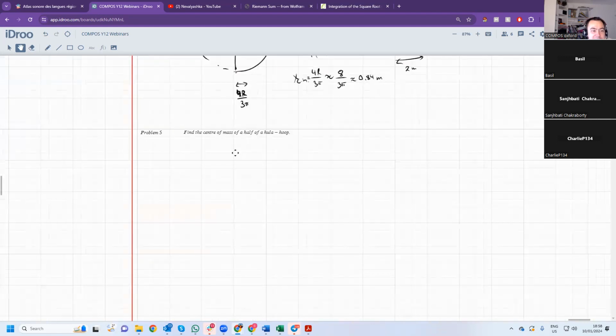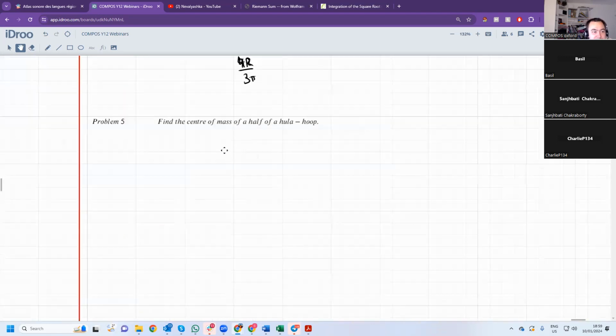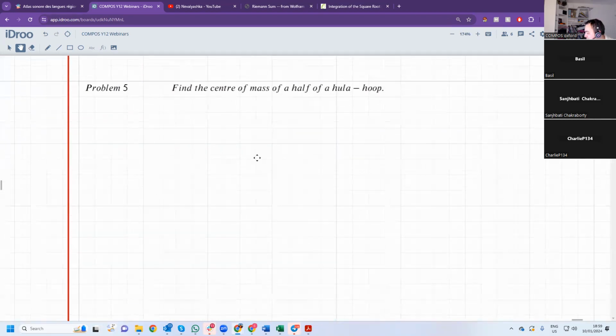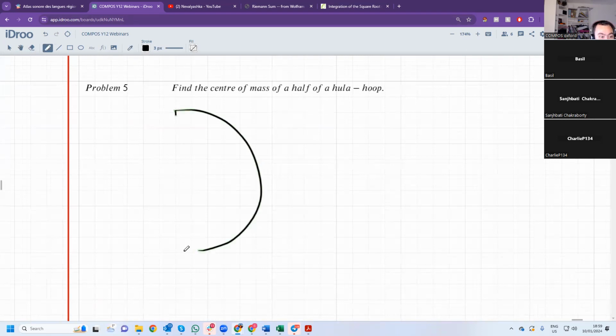Find the center of mass of a hula hoop. It's a very similar question, just a different technique of doing it. I was looking up the solution to this one, and I found a different solution which I didn't like, so I had to design my own.